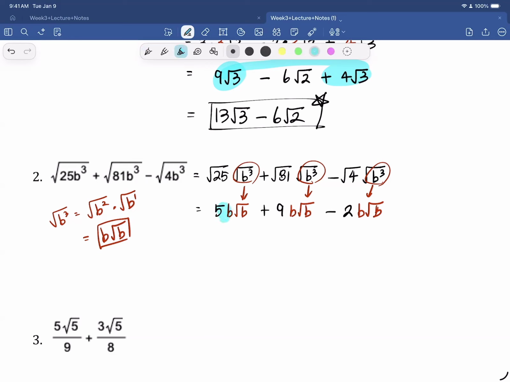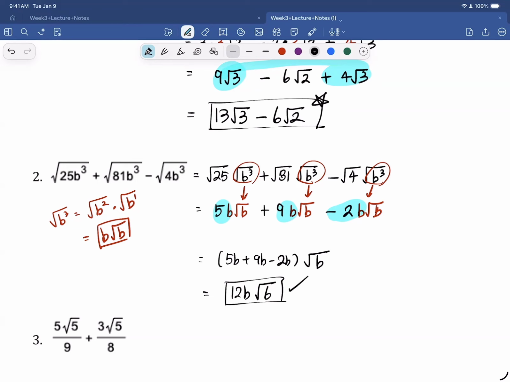Everything is the like terms. 5b and then 9b and then negative 2b. So you have to do 5b plus 9b minus 2b with the square root of b, right? So 5b plus 9b is 14b, 14b minus 2b is 12b, and then square root of b is the final answer. Okay.